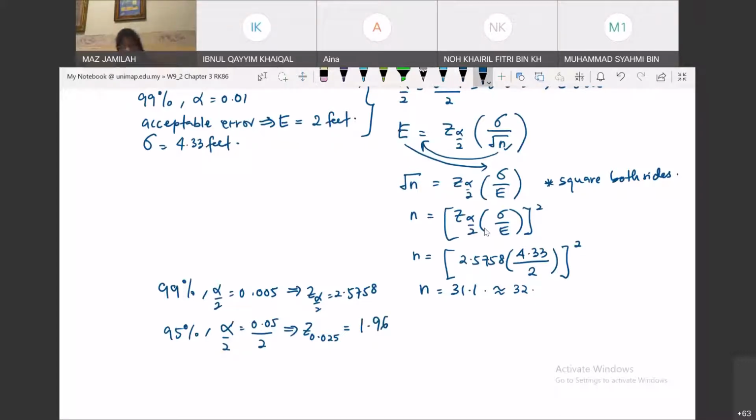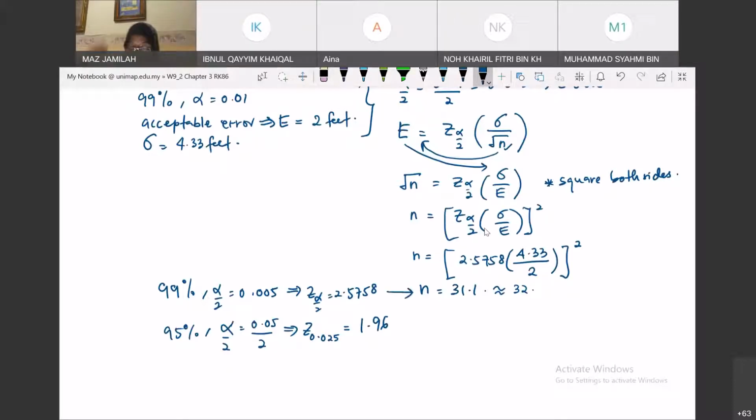Now, this kind of question is what we like most when we give assessments to students, because it will not require a lot of calculation, but you need to understand the concept of how the confidence level affects your calculation. For example, if 99% CI, you will get your critical value 2.5758 and you will get n equal to 32.